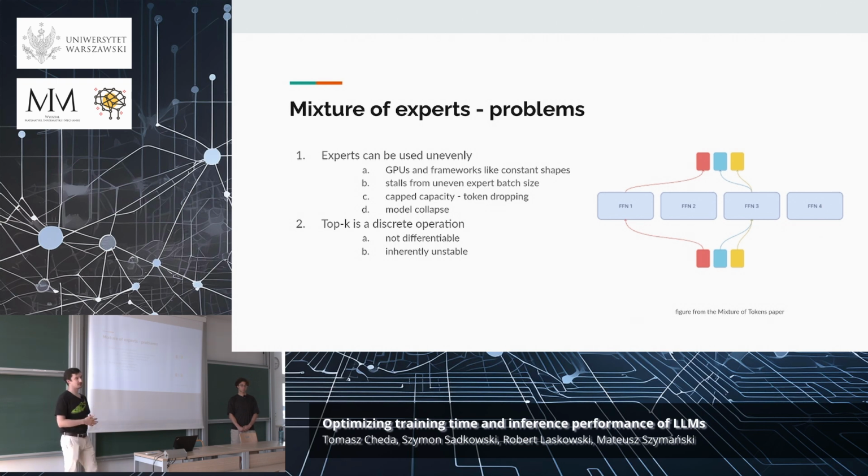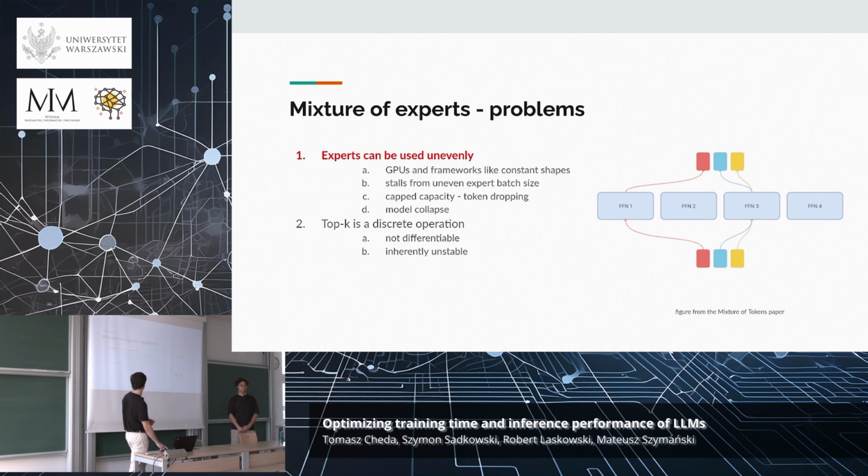And it is also inherently unstable because small changes in the affinities can lead to the computation taking a whole different path. And that can lead to unstable training. There are different ways of combating each of these problems. There are some auxiliary losses, some extra regularization, but maybe we can tackle this through architecture choices.